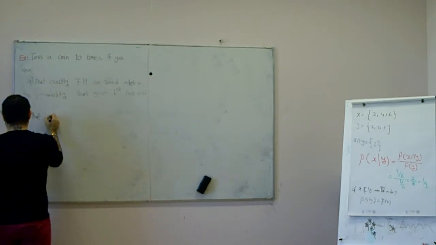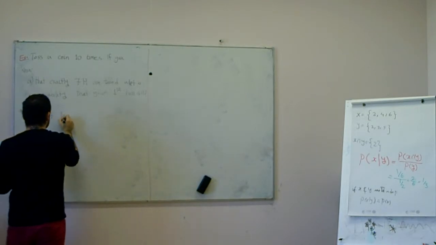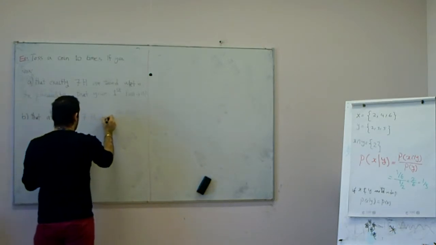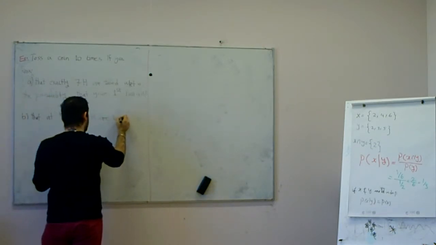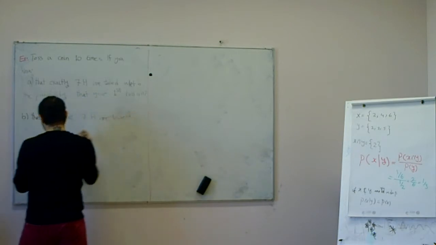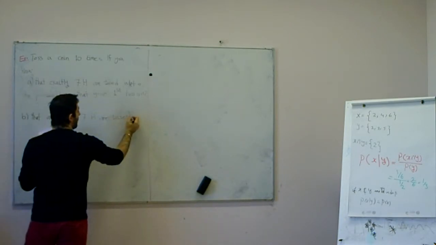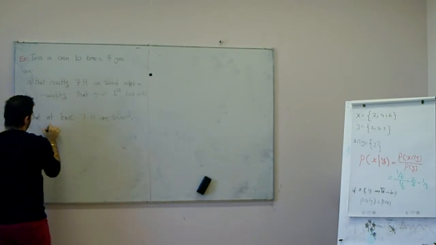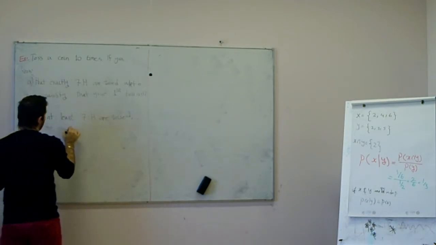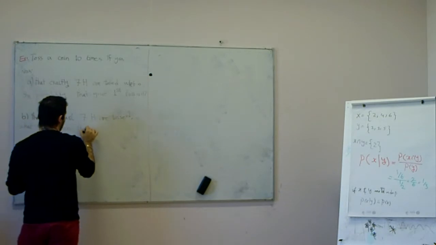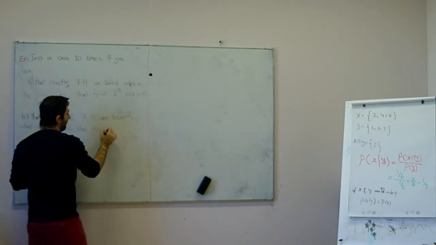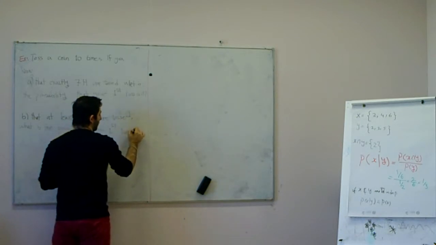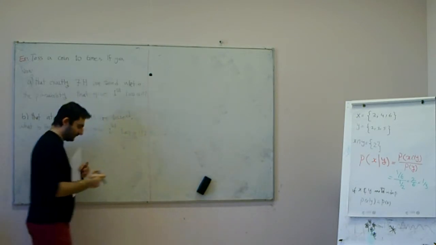that at least 7 heads are tossed, then what is the probability that your first toss is head?